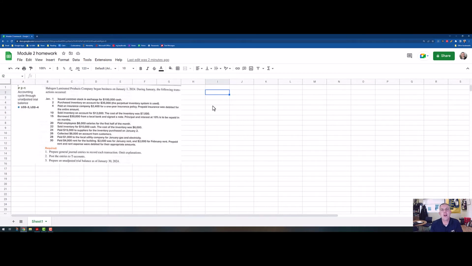So it's that whole process or that whole cycle. And it's called a cycle because we do it over and over again every year, every financial reporting period.